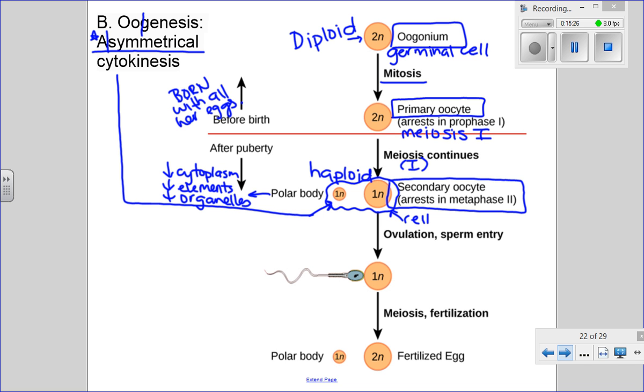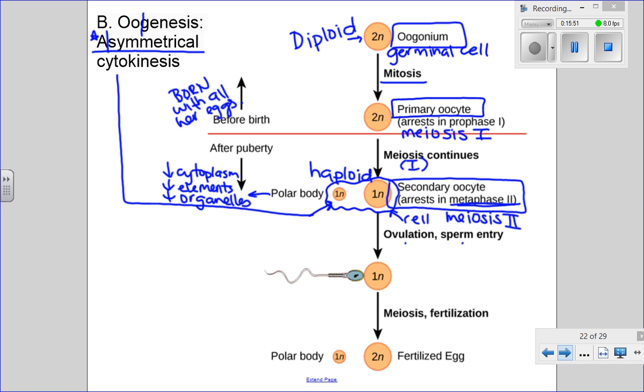Now the secondary oocyte gets paused as well. So the secondary oocyte is going to undergo meiosis II, but it's going to stop in meiosis II, specifically at metaphase, until ovulation and sperm entry have occurred.